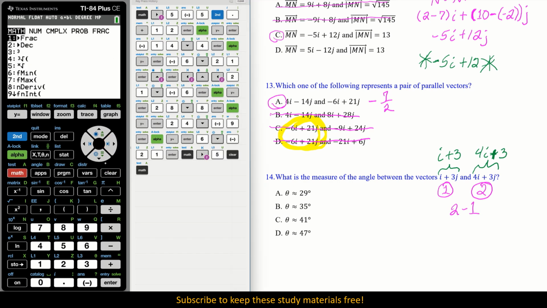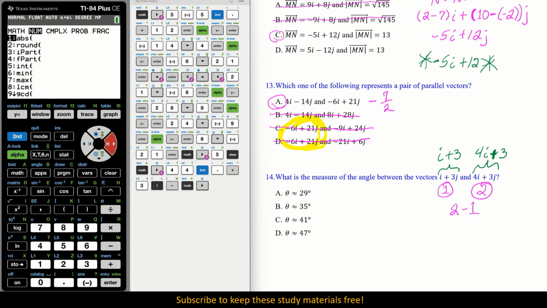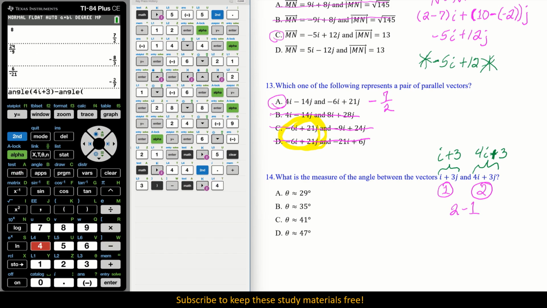Wrong one. Math, arrow over. I need number 4 for angles. So I'm figuring out this angle, so I'm going to do 2 minus 1. That means I need 4, second i, plus 3, close my parentheses, push subtraction. Then math, arrow over, and I need number 4.